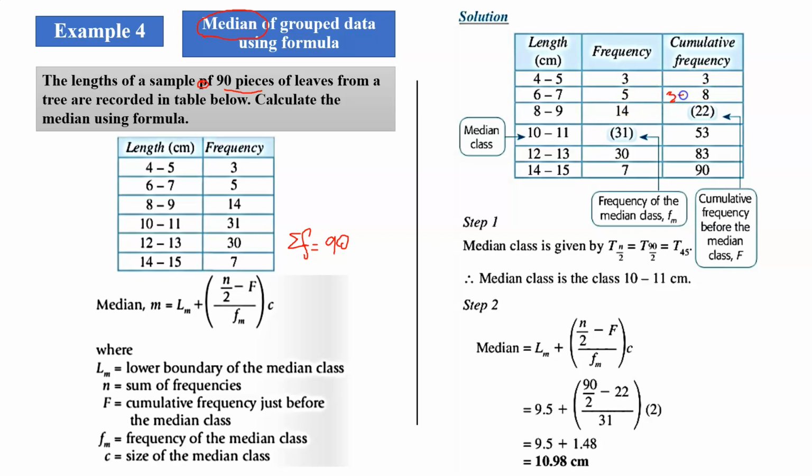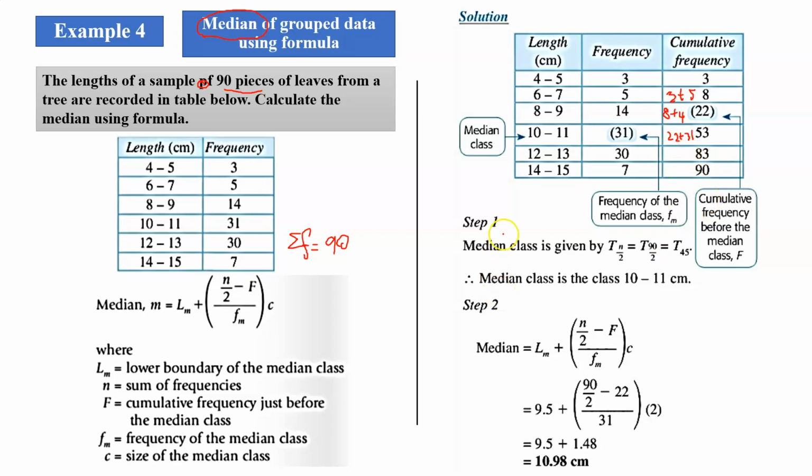And then how about this one? 22, which is 8 plus 14. And how about this one? 53, which is 22 plus 31. Dan seterusnya lah, you tambah sendiri.